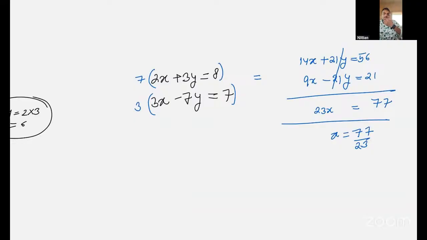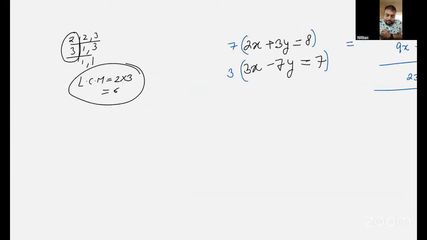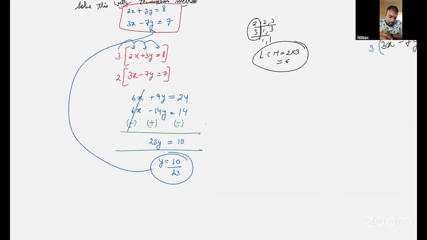But don't we need to find out what x also was? No, you got the y. Yes, sir. Now what you have to do is put it into this equation: 3x minus 7 into 10 upon 23 is equal to 7. Understood?